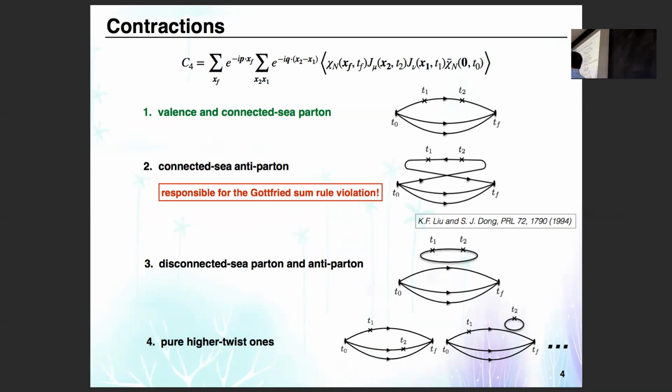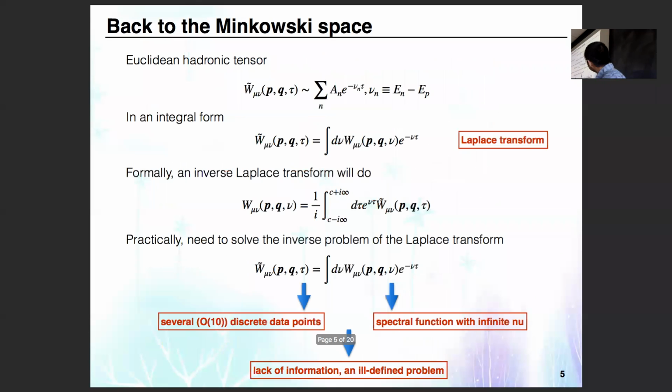For this talk, I will just focus on the first diagram because this has the best signal. But actually, if this method works, we can have more information from this method. Okay, so now I have talked about the Euclidean hadronic tensor on the lattice.